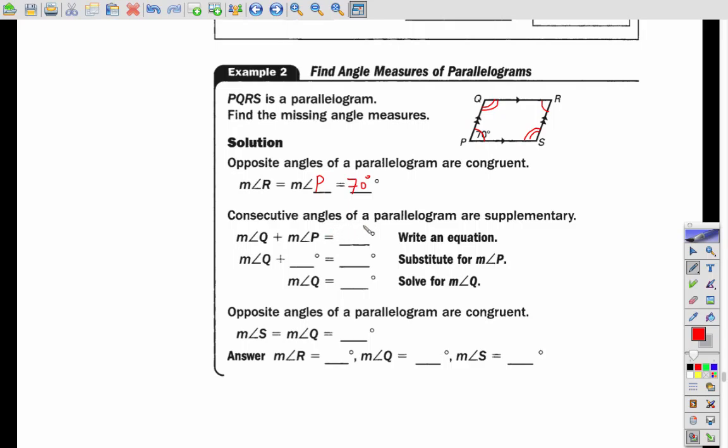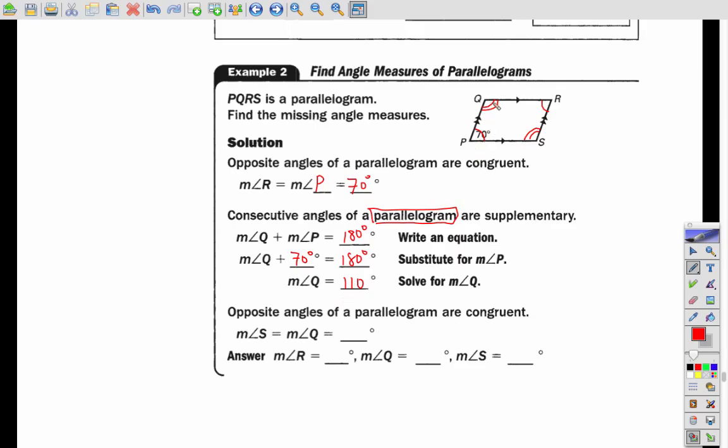We also know consecutive angles like this, Q and P, add up to 180 degrees because what's in front of me is a parallelogram, and consecutive angles are supplementary. Now, if I substitute P with the 70 degrees that I already know, and then I do a little bit of algebra, it's not that hard to find out that angle Q is 110 degrees, right?